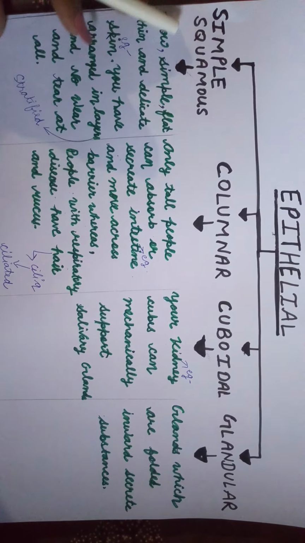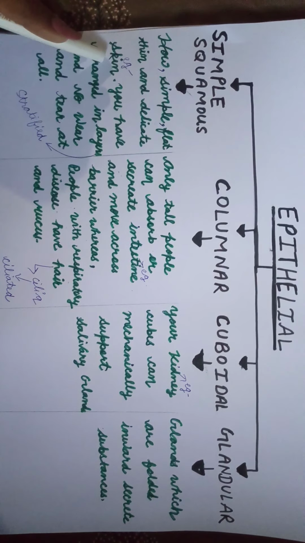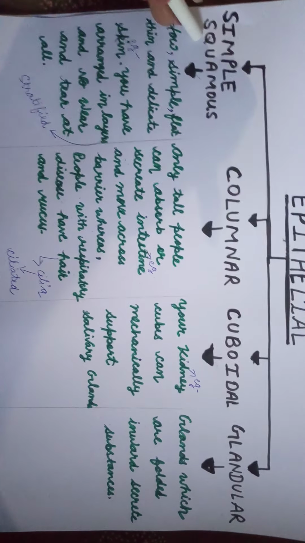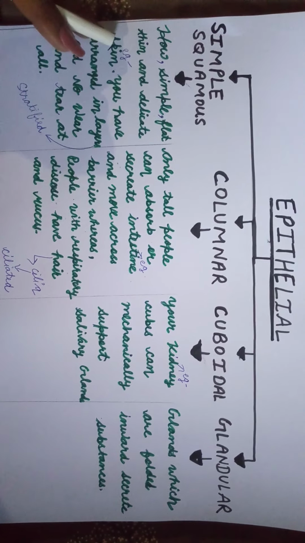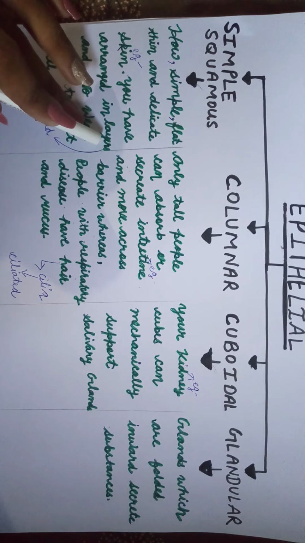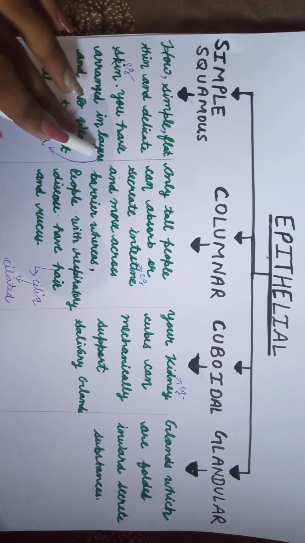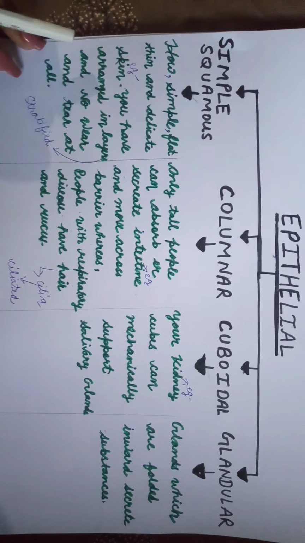An example of simple squamous epithelium is skin. Skin is the example of simple squamous epithelial tissue. They are arranged in many layers in order to prevent wear and tear of the tissue.